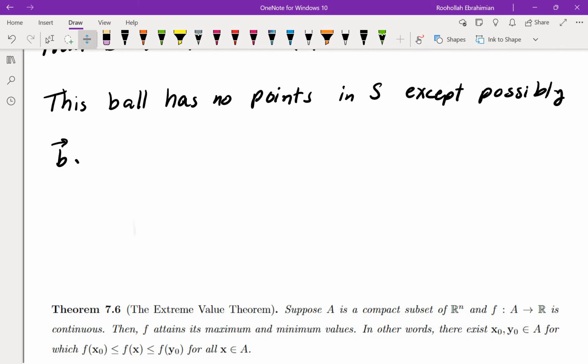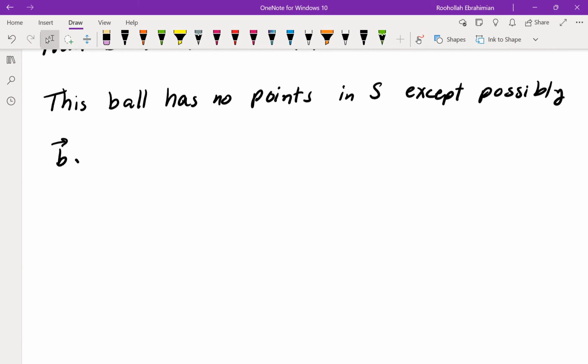Now we will have to show that if A is compact, A must be also closed.